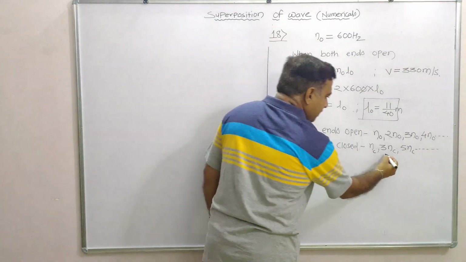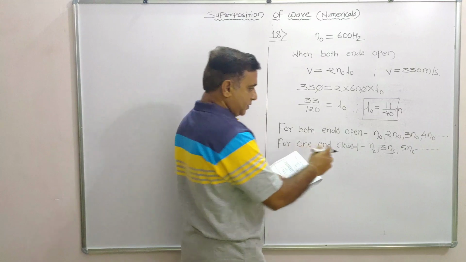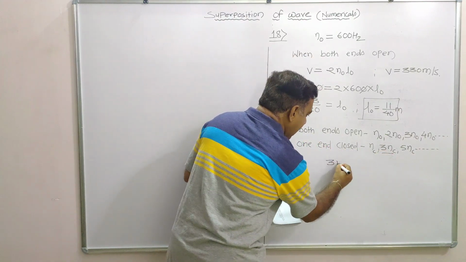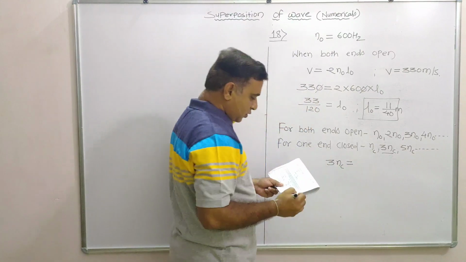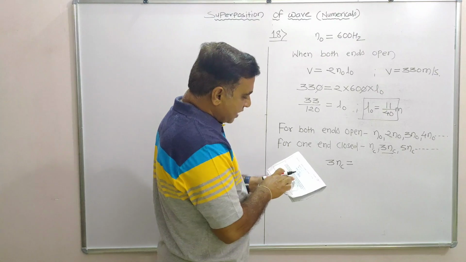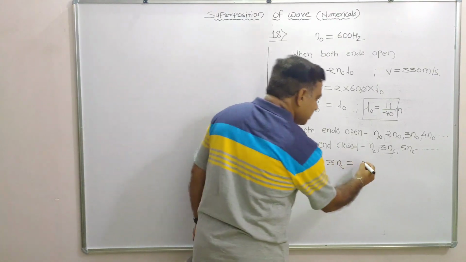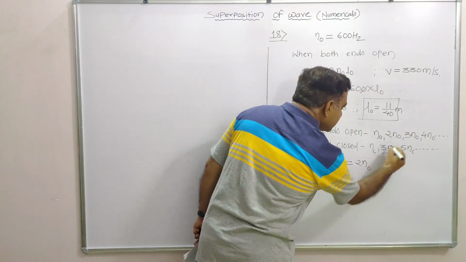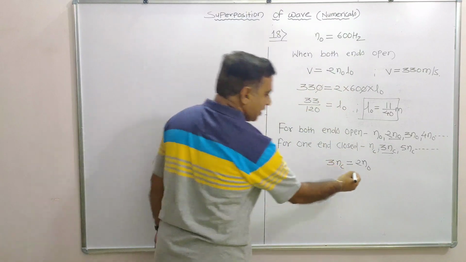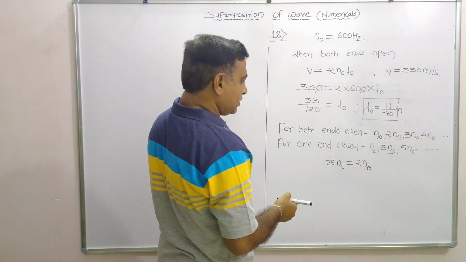So the first overtone of the pipe closed at one end means 3NC, which is equal to the first overtone of the pipe open at both ends, that means 2N0. These are equal. Now we need to calculate the values.